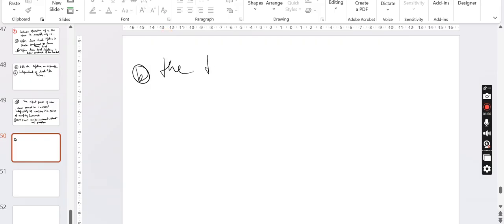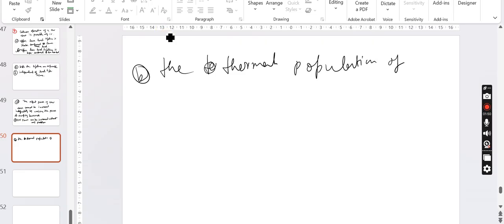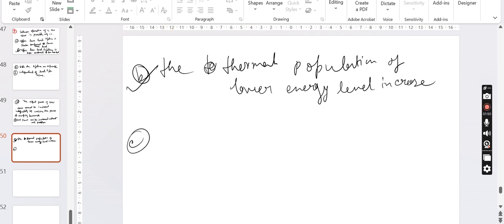First, that is the statement of the questionnaire. B, the thermal population of lower energy level increases. That's one of the reasons, and that will cause thermal lensing. So that is the reason. C, it is difficult to remove heat from the lasing material. Also, that is also a reason, because the thermal population is causing the thermal lensing effect.